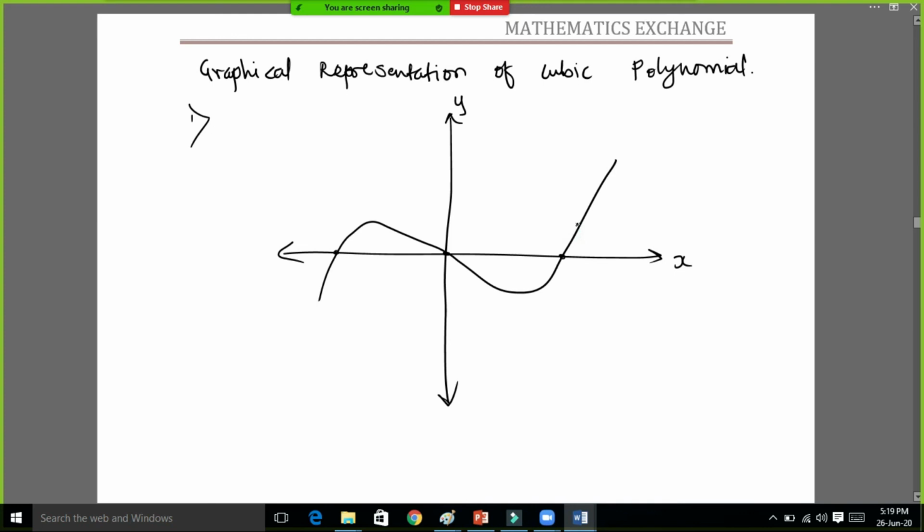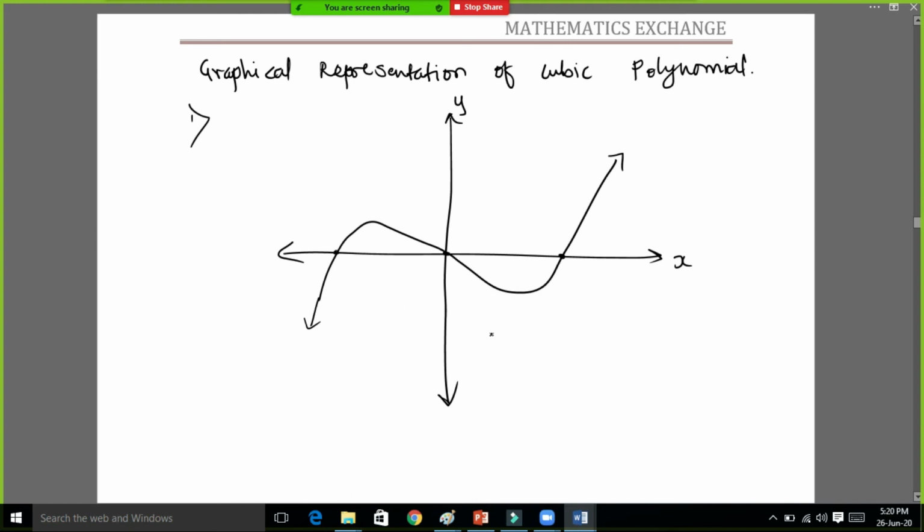So this curve tells us that it is a cubic polynomial and it has 3 zeros. Whenever you have a graph like this and it intersects the x-axis at 3 distinct points, it represents a cubic polynomial having 3 zeros, because this shape is not fixed.